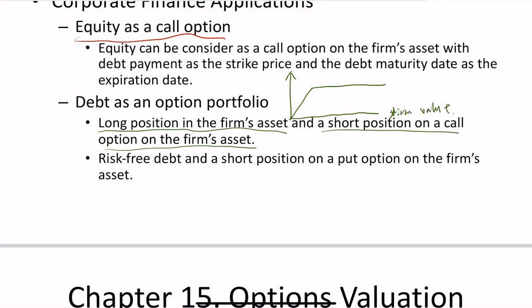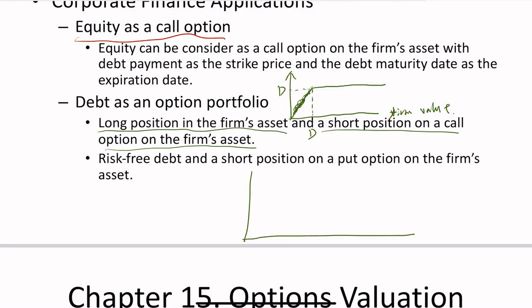So basically, if a firm's value is larger than the face value of debt, then debt holders will get back their money. And if firm value drops below the face value of debt, then these debt holders will just get this amount, right?